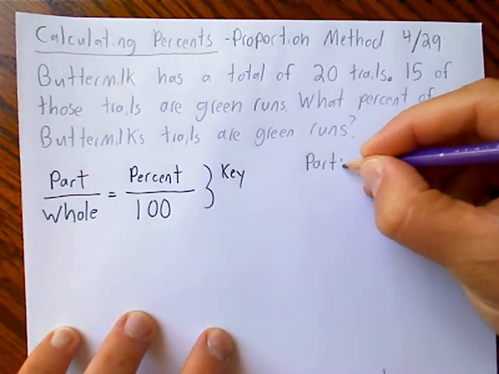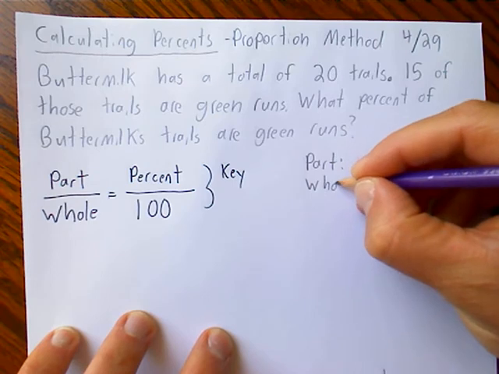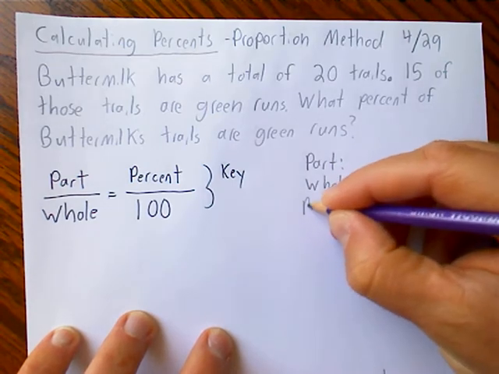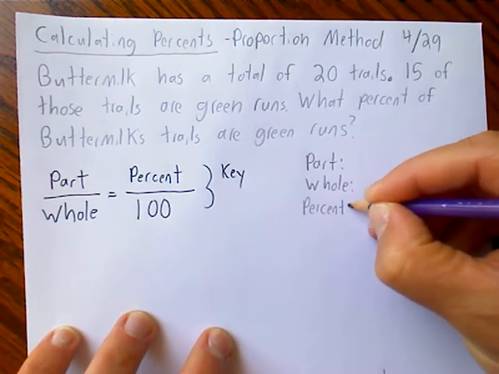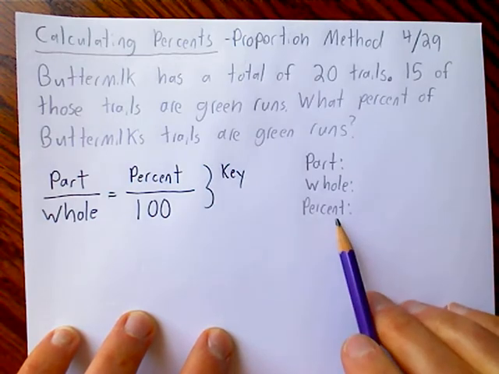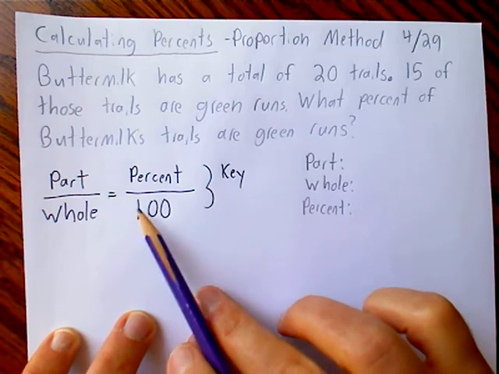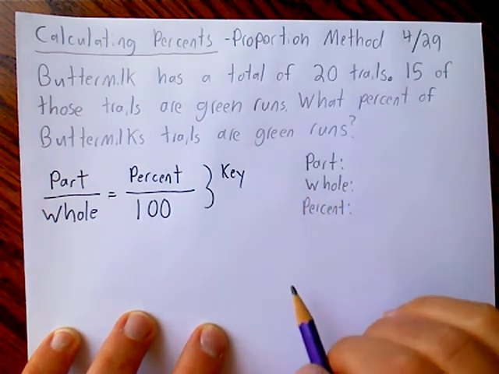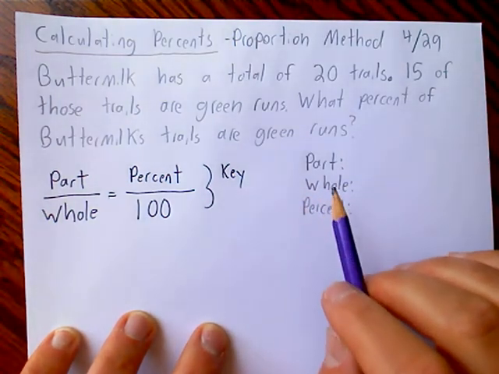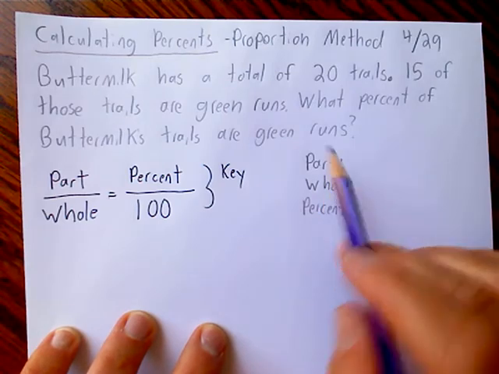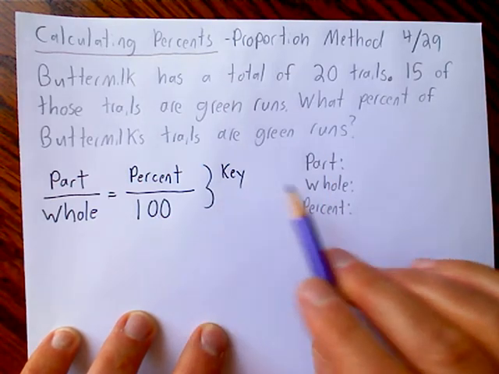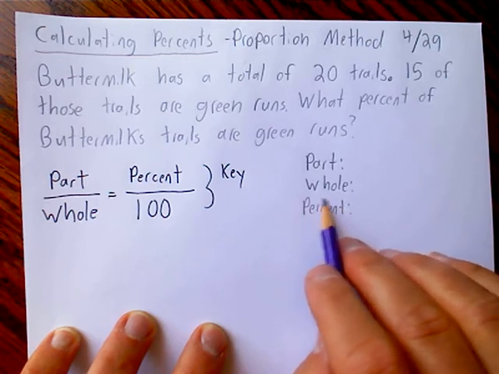Part, whole, percent. These are the different components that we're going to pull out of our example problem and plug into our proportion. So let's identify them first. And it's really important that we go in these steps instead of just going right over to our proportion. What's our part? Actually, let's start with our whole.